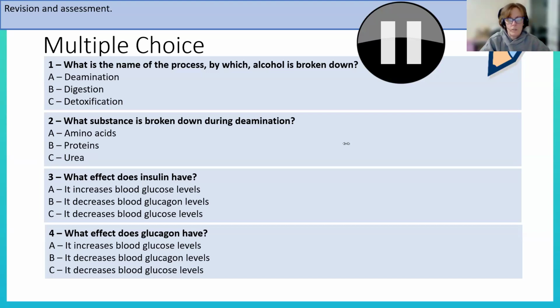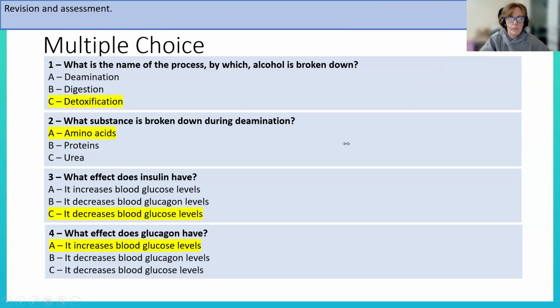Okay, let's have a look then at the answers. So we break down alcohol by detoxification, and other substances as well, any other drugs that we shouldn't have, well, I shouldn't say shouldn't have consumed, but have consumed, like paracetamol, need to be broken down. Amino acids from our protein in our diet are broken down during deamination, and we can convert them into urea, which is then excreted in the urine, or we can recycle them and remove that amine group onto other amino acids.